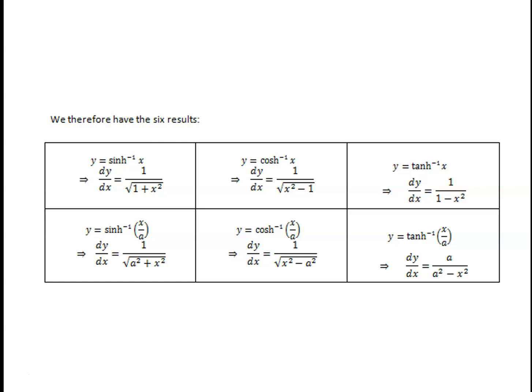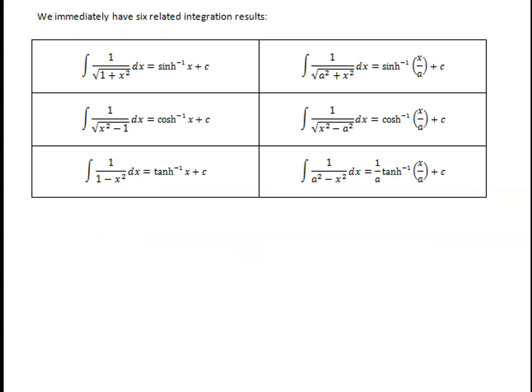These results are really useful when we turn them into integration results. So we have immediately from the previous page 6 integration results. So the integral of 1 over the root of 1 plus x squared is going to be sinh to the minus 1 of x plus c.